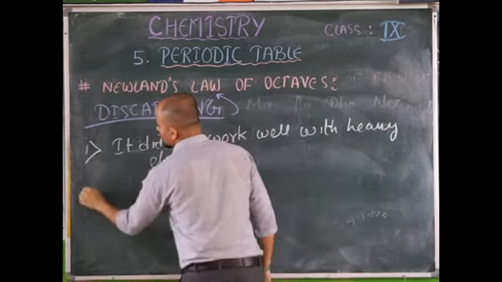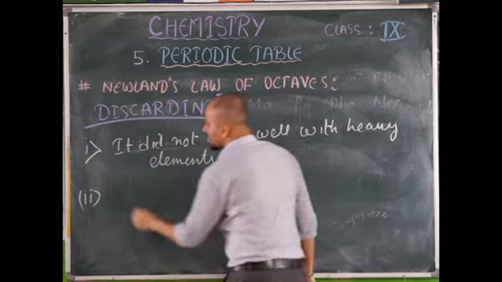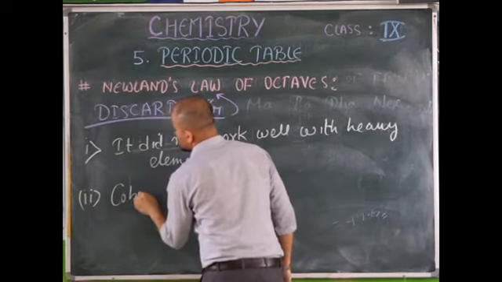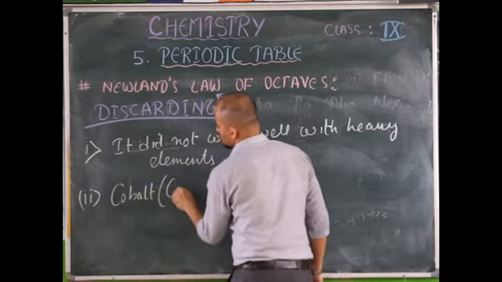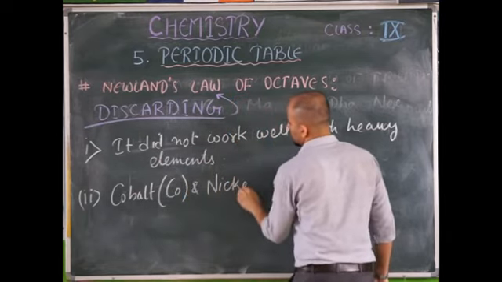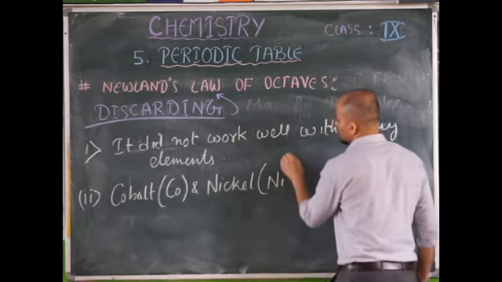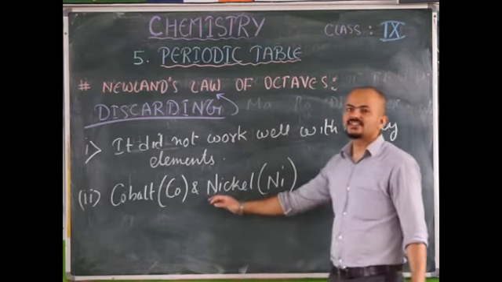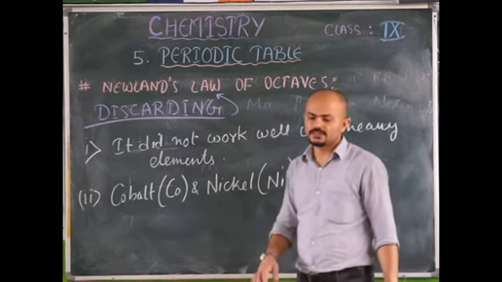Number 2, cobalt, Co, and nickel, Ni, were placed in the same slot. They were placed in what?